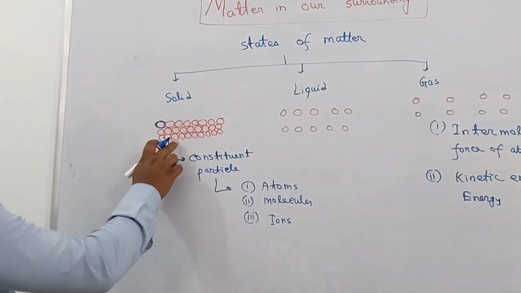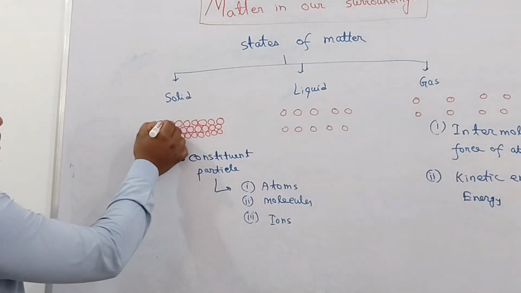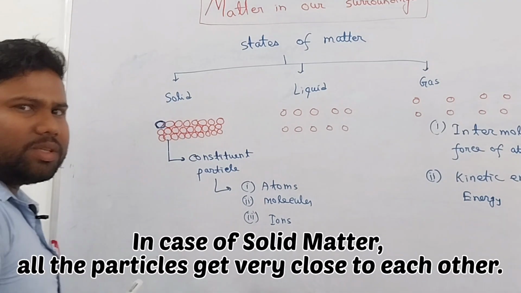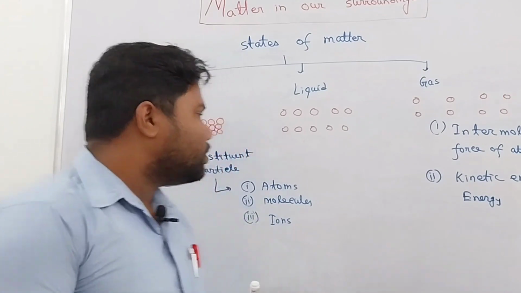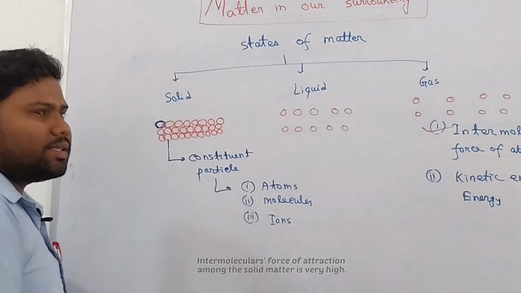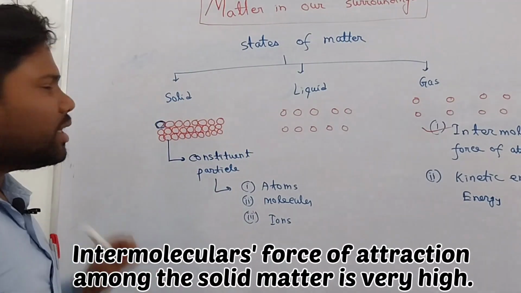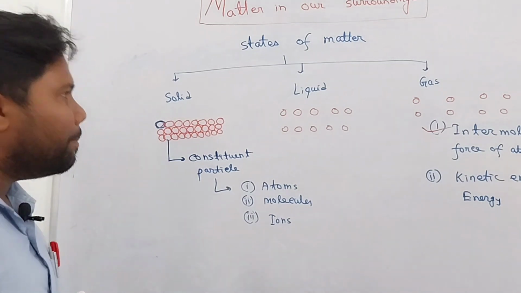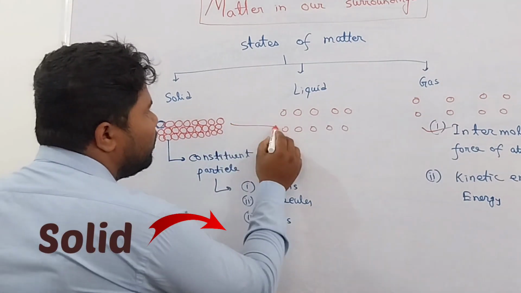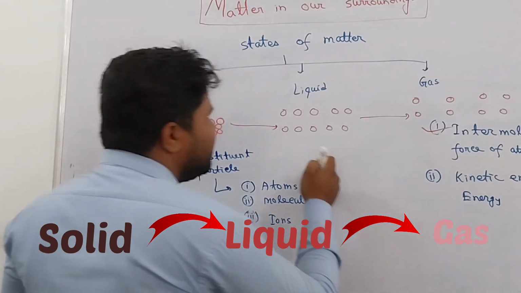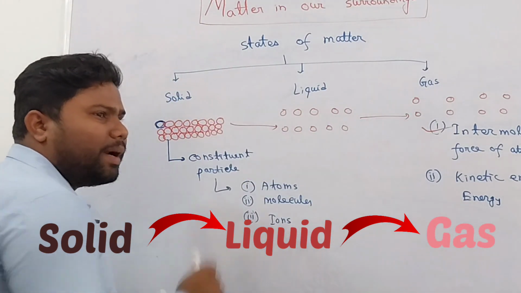In case of solid matter, all the particles are very close together. Why? Because the intermolecular force of attraction in solid matter is very high. But if you move from solid to liquid or liquid to gas, then there is some gap between the particles now.